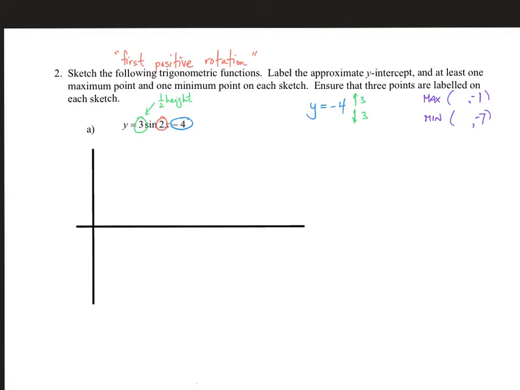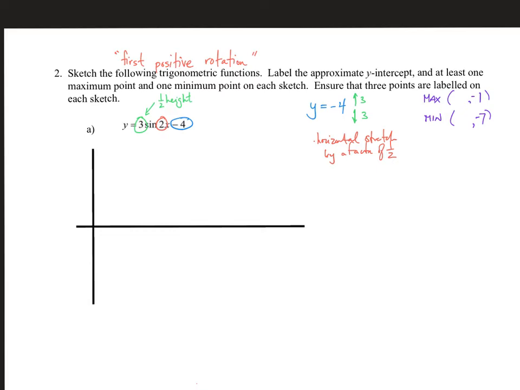I know that that 2 means a horizontal stretch by a factor of 1/2. So that means whatever my maximum and my minimum occurred, wherever that occurred, they now have to occur half the distance to my y-axis.